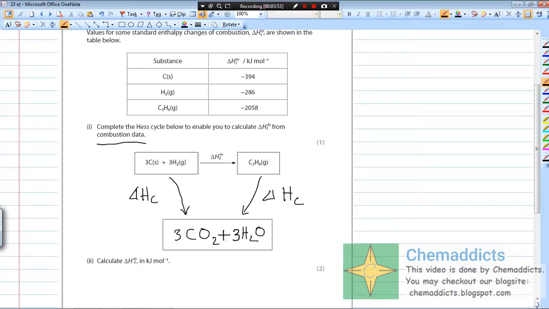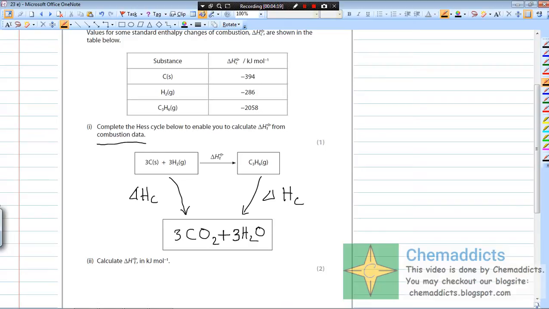Okay, so there is one thing that we need to know, that we need to write the balanced equation for this reaction. And how have we come across that this should be the perfect equation for this Hess cycle? Well, in here we can see that the data of combustion enthalpy is given.